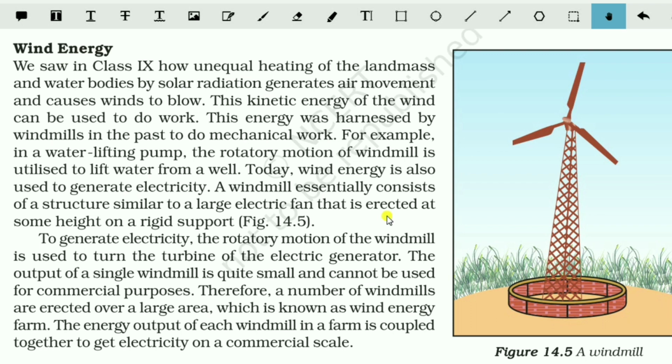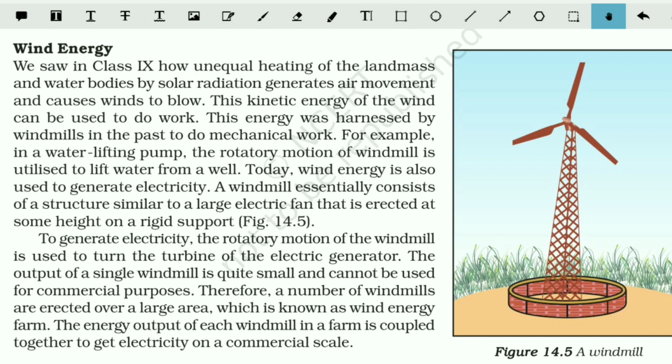You know, these blades are moving. This has one axle. This axle is placed inside a magnet, and when the turbine is rotating inside the magnet, EMF, electromotive force, is induced, and finally this produces induced current. That is the generation of electricity through the wind energy.